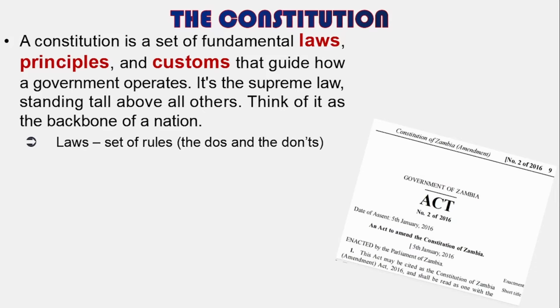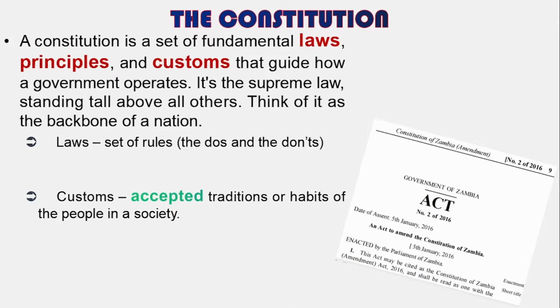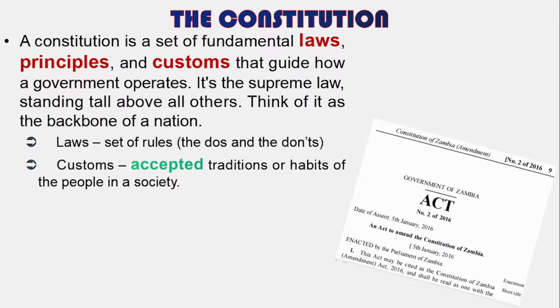Now, we talked about laws, principles, and customs. Laws are simply the set of rules. These are the do's and the don'ts that a community sets up. Then when we talk about customs, these are accepted traditions or habits of the people in a society. These have been there for quite some time, and people have come to accept these customs.